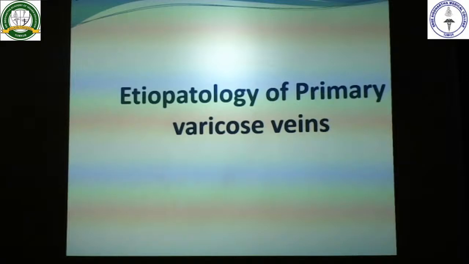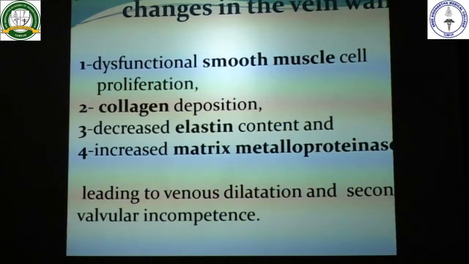So what is the cause for primary varicose veins? I already told you, the name itself says primary means the exact etiology is not known. But there are some changes in the vessel wall which cause primary varicose veins: dysfunctional smooth muscle cell proliferation, altered elastin deposition, decreased elastic content, and increased metalloproteinases.